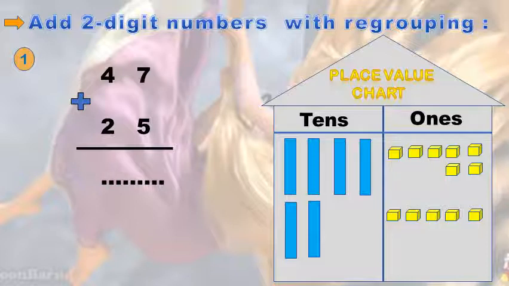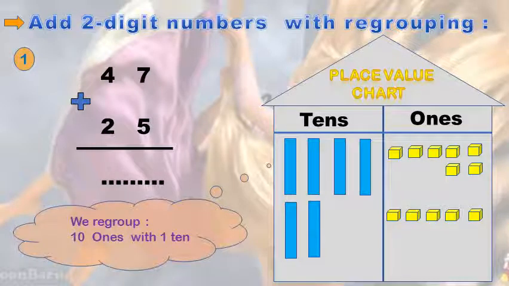We are going to do what? We are going to regroup the ones to the tens because we have here only 2 digits, ones and tens. Yes, we are going to regroup 10 ones by 1 ten. How?